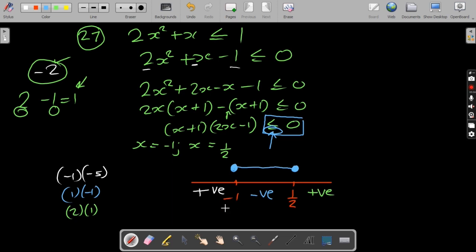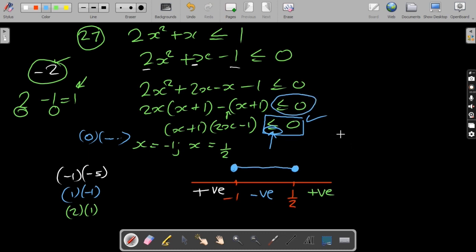If we substitute minus 1 into this, in the first bracket you're going to have 0. 0 multiplied by anything is 0, which also satisfies it because it says less than or equal to 0. The same thing applies when you substitute a half. Any number in between minus 1 and a half should satisfy this condition, which means you answer the question.